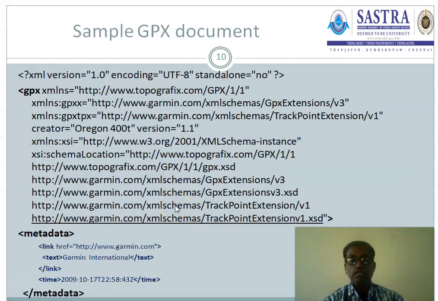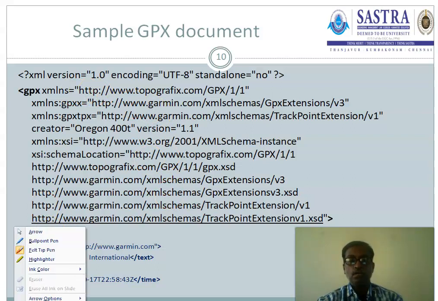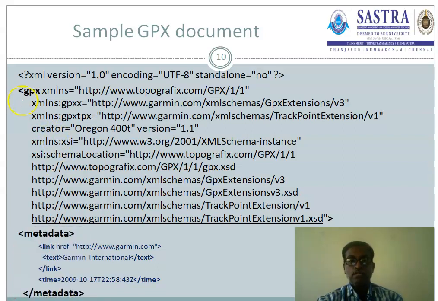And then this is the sample GPX document. As I said previously, all related documents start with the GPX tag. Here the doc type information is missing, where we can find GPX and the related DTD.